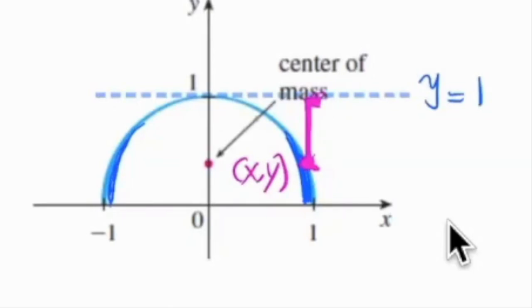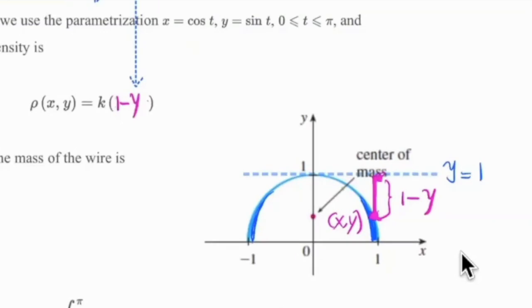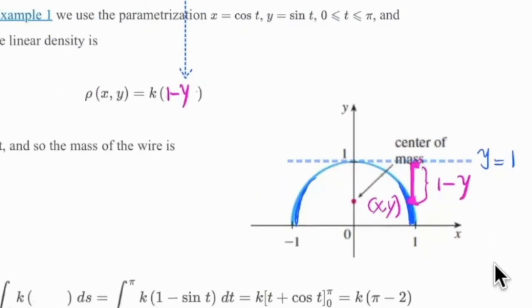That's the distance. And it says that the linear density is proportional to this distance. So you just use k multiplied by this distance, 1 minus y. That's the linear density function in terms of y, where k is a constant.